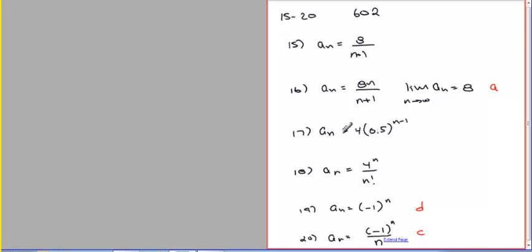So at n equals 1, this is 4, and this is also 4. 4 to the first power is 4, and 1 factorial is 1. So both of these start at 4, whereas this one starts at 8 over 1. Actually, that one's also 4. So they don't start at 4, do they? Yeah, actually, they do all start at 4. Okay, so that didn't help any.